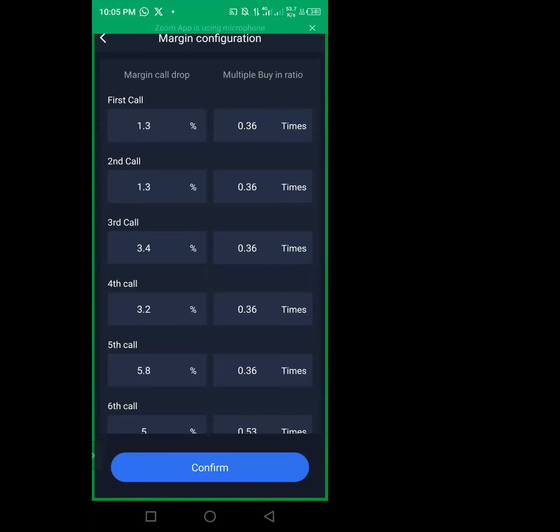Now, for the third time, you are instructing your robot that if it drops by 3.4%, it has nothing to do with the $11. You can set it however you want. Let's say I want to trade a coin, and my mind is telling me that this coin can drop 30%, so I cover that amount of drop.